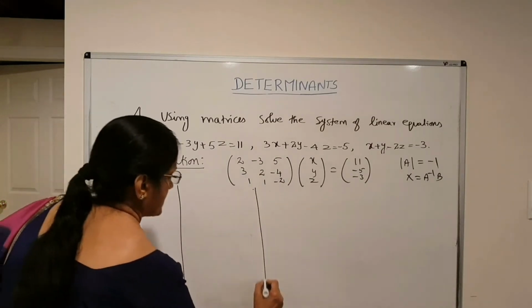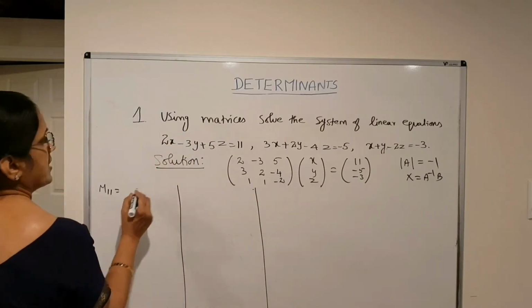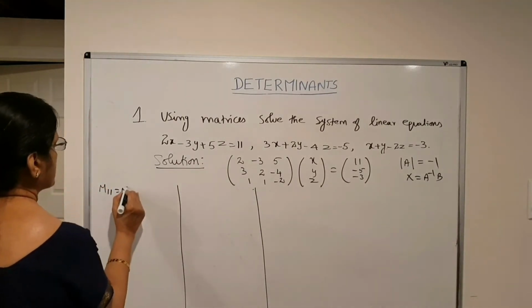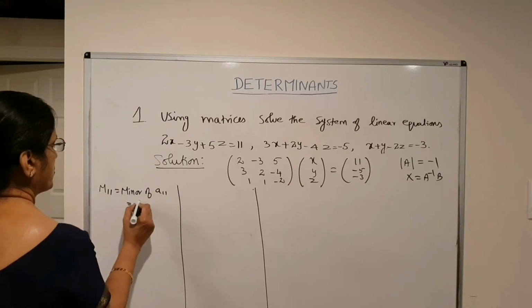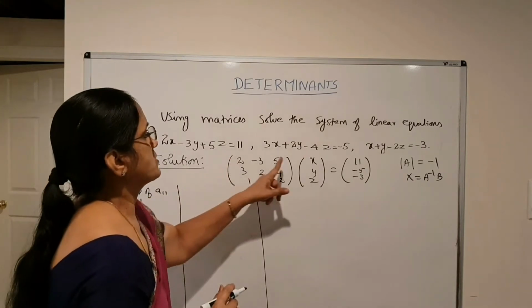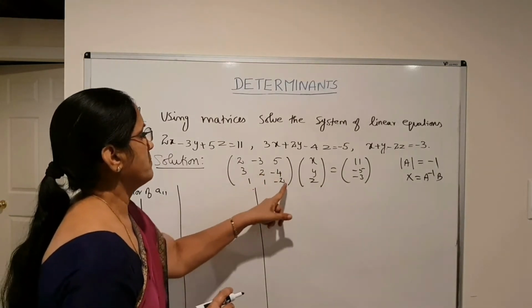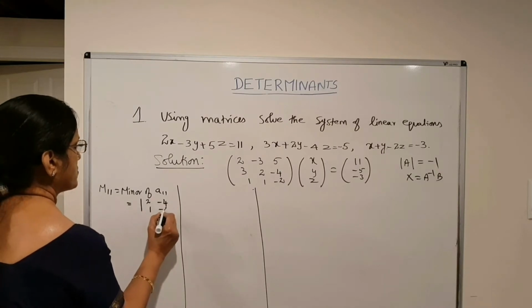And then the cofactors. First, M11, minor of the element A11. If you write for the first one alone, minor of A11 is equal to the value of the determinant, leaving the first row and the first column, left with 2, minus 4, 1, minus 2.